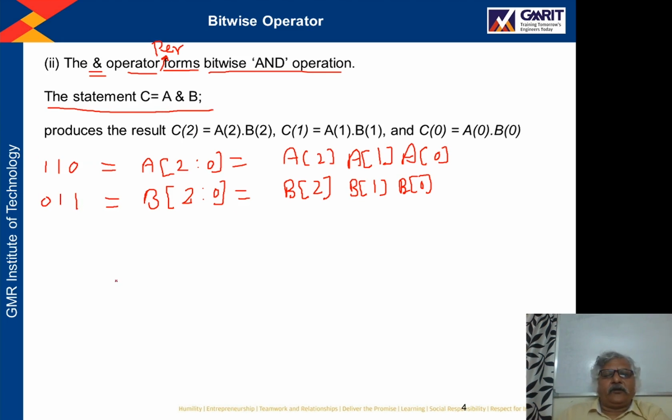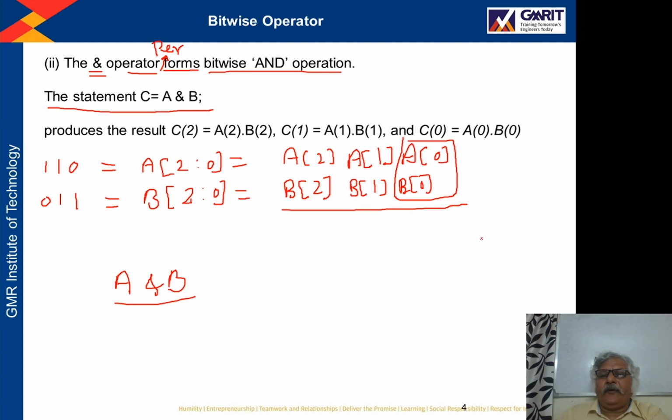So now this operation A ampersand B will perform AND operation right here. It will perform AND operation over A naught and B naught.